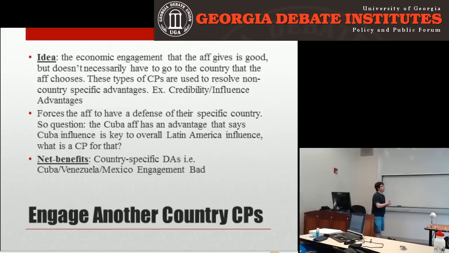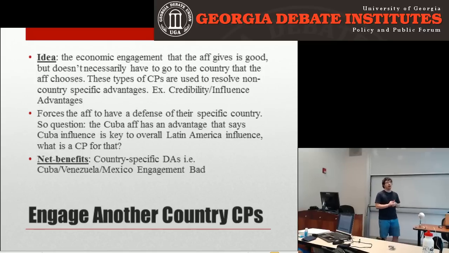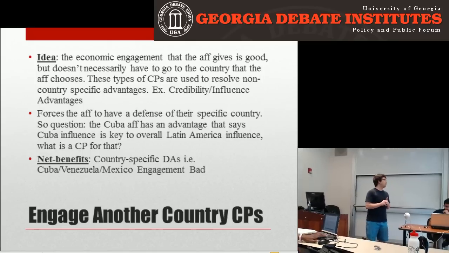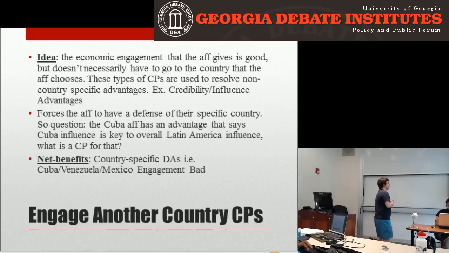All right, another big counterplan that you'll see on this year's topic is a non-engagement type counterplan. One thing that is big in the literature is whether or not we should engage countries or regimes, or whether or not we should try to contain them.